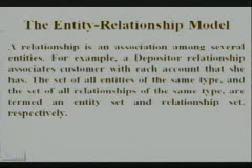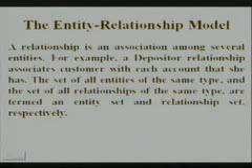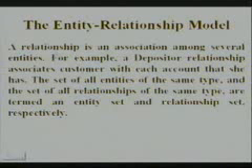The set of all entities of the same type and the set of all relationships of the same type are termed entity sets and relationship sets. For example, I have a number of employees. Employee is the one entity, but I can have a number of instances of the employee, so they all become the employee entity set. Similarly, I can have a number of entities which define the relationship among two types of entities.